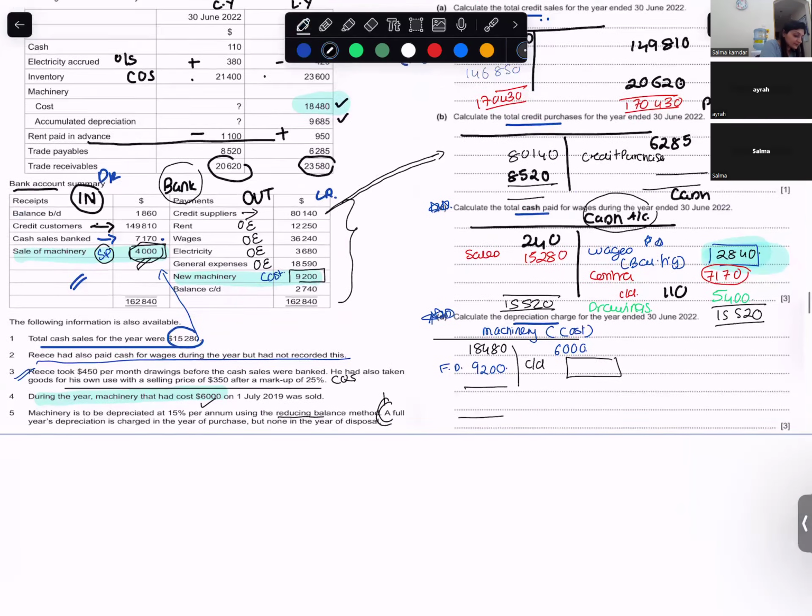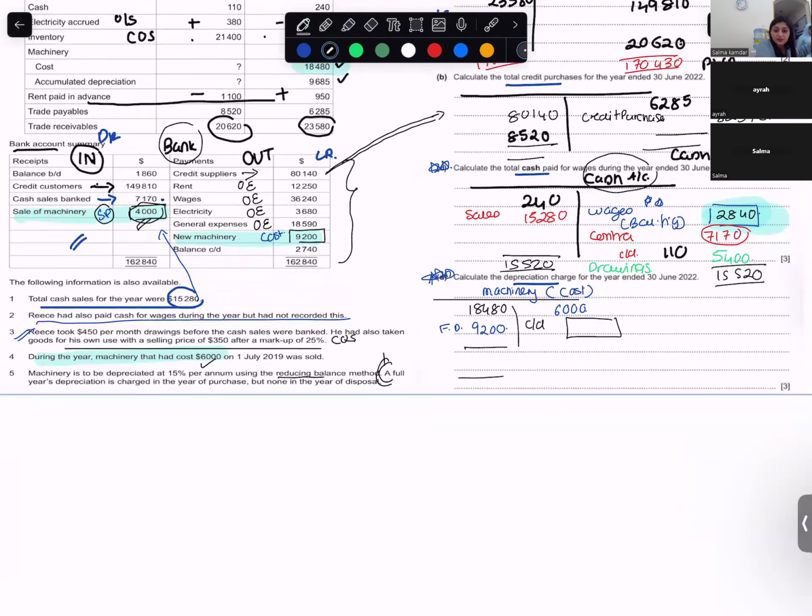The total is 27,680. And the balance c/d is 21,680. So the cost of remaining machines is 21,680.